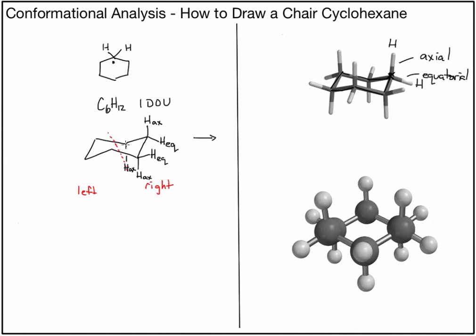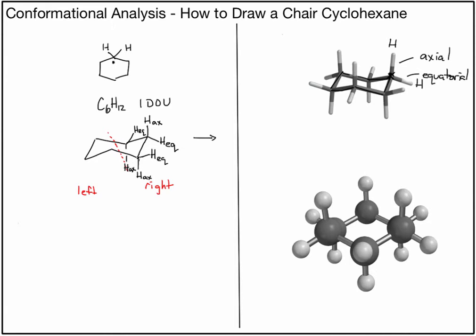So we do the same for the remaining carbon on the right-hand side. And we're going to draw it up as well, HEQ. What I want to point out is that all the equatorial bonds are going to be parallel to some other bond.